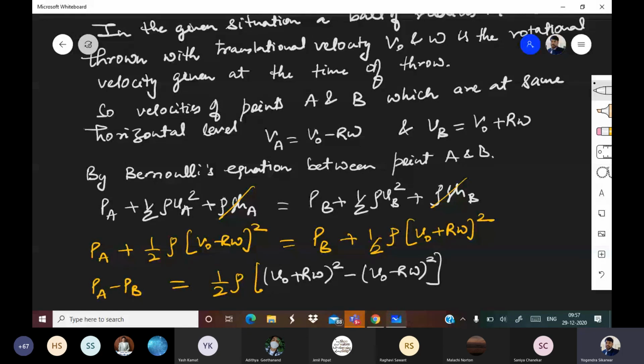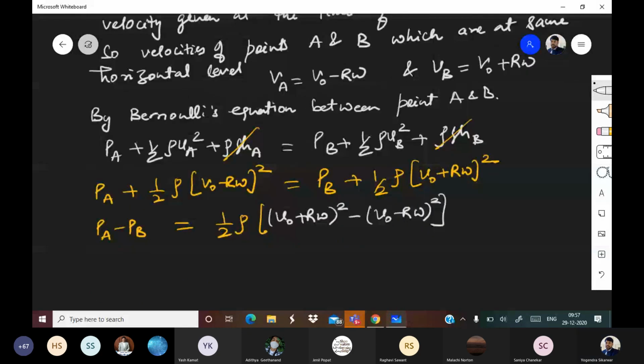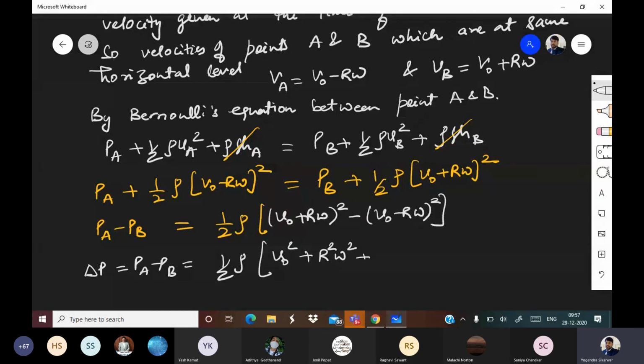I'll get back to your question, Aditya. So PA minus PB, which is delta P, is equal to half rho. This is V naught square plus R square omega square plus 2 V naught R omega, minus V naught square minus R square omega square plus 2 V naught R omega.